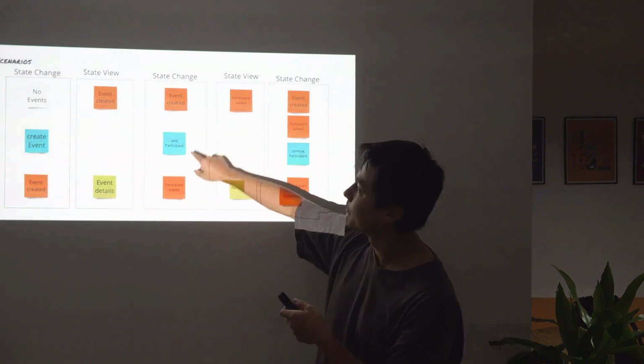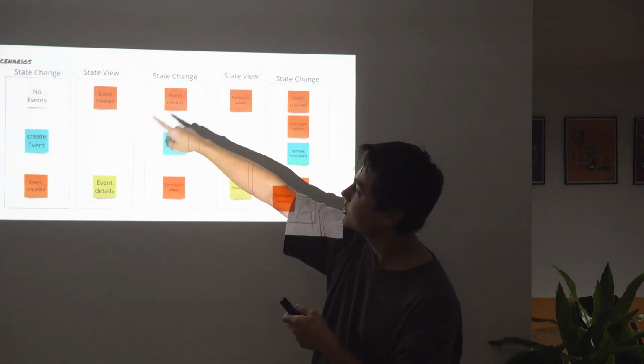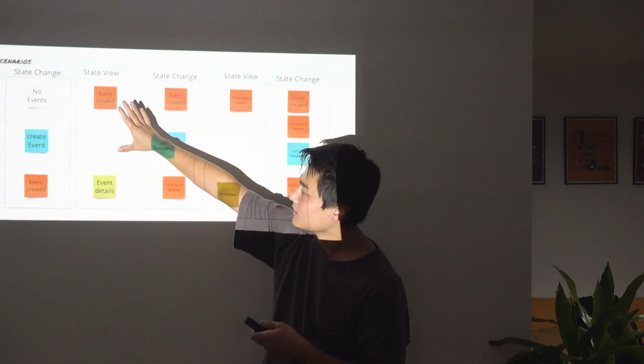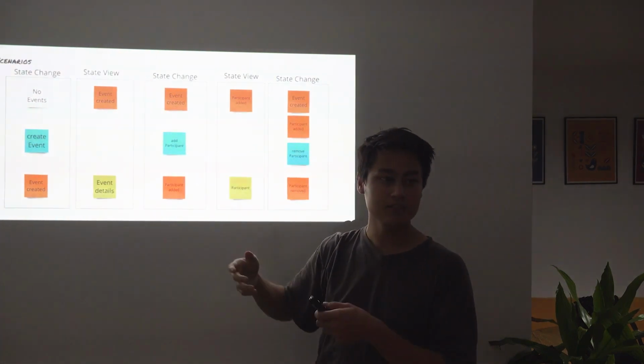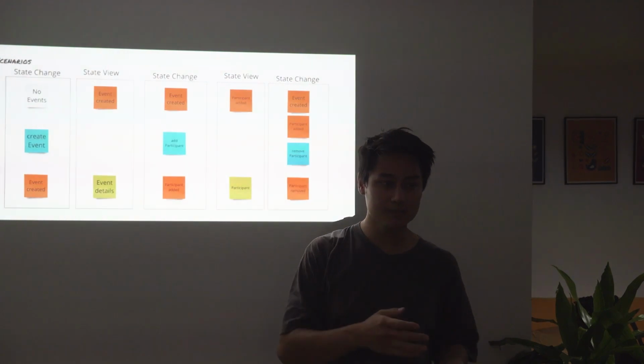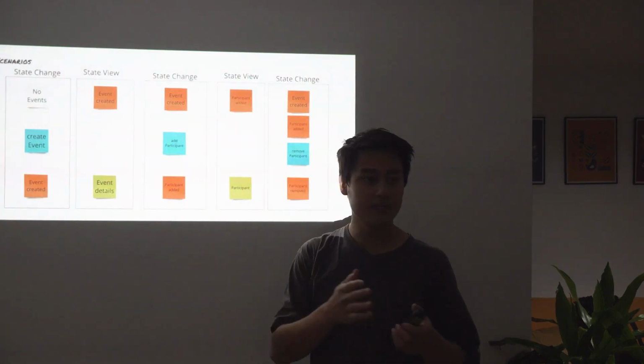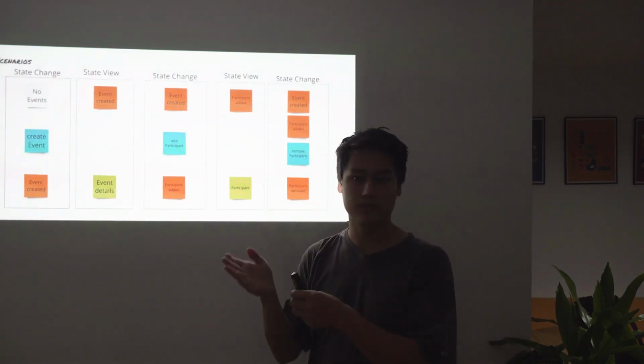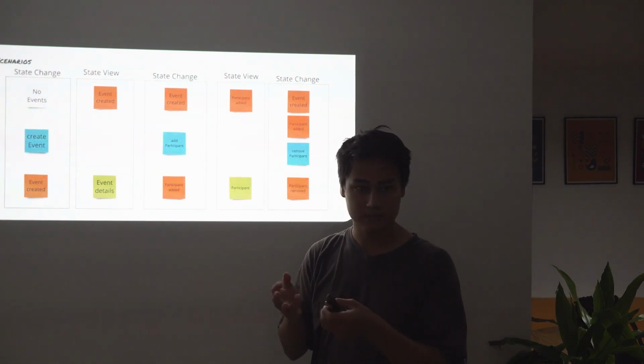And there we usually have two patterns: the state change and the state view. The state change is something which actually changes something in our system, and the state view is something to bring out of our system to the UI or to whatever someone needs it.